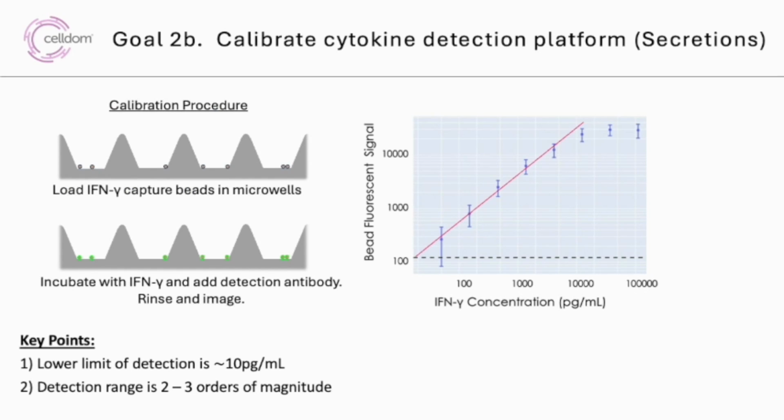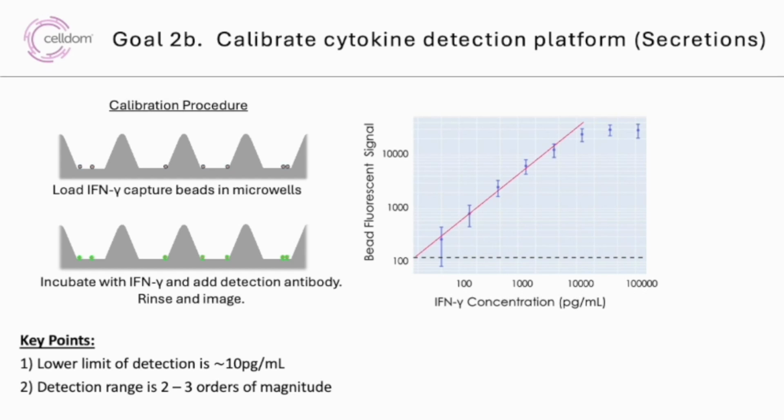Next, we aimed to extend this to measure products that are secreted by cells, such as cytokines or antibodies. First, we were interested in establishing the lower limits of sensitivity for secreted product detection inside microwells. For these measurements, we used spherical beads that were coated with cytokine capture antibodies, and we added known concentrations of interferon gamma to different wells, while then monitoring the mean fluorescent intensity of the beads in each microwell.